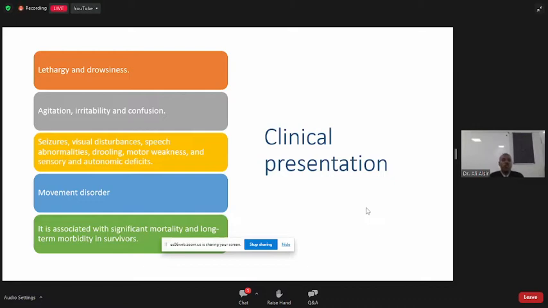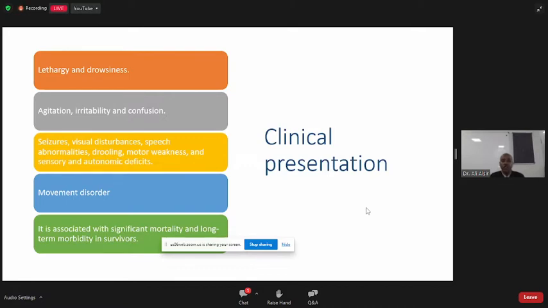Also in children, patients with encephalopathy might present with seizures, and specifically status epilepticus. The classical example is subclinical status; it is not necessary for the patient with epilepsy to present with motor seizure. Sometimes they might present with just a confusional state, and we call it subclinical seizure. They can also present with visual disturbances, speech abnormalities, dysarthria, or even aphasia.